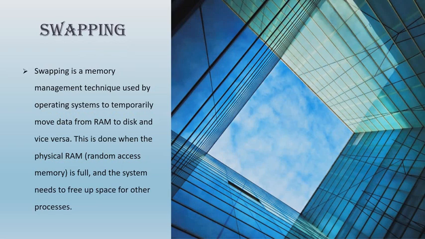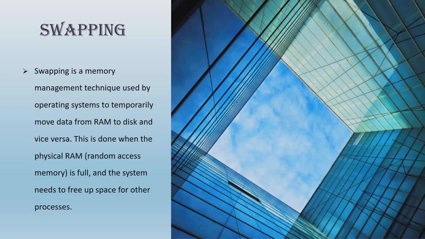Now let us discuss the second part of our course activity, that is swapping. Swapping is a memory management technique used by operating systems to temporarily move data from RAM to disk and vice versa. This is done when the physical RAM is full and the system needs to free up space for other processes. This swapping process allows the operating system to effectively utilize limited physical memory by storing temporarily unused data on disk.